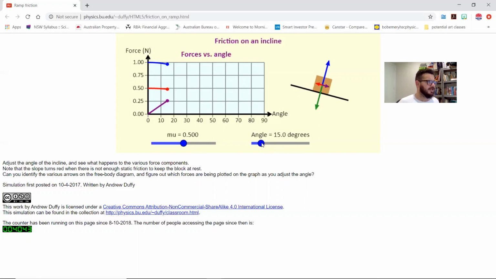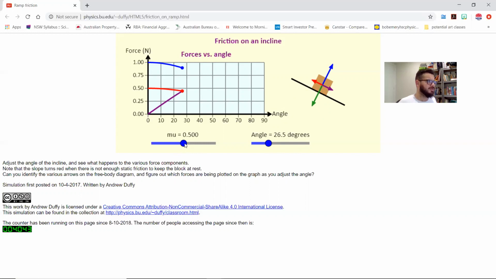So I keep on increasing that angle, and it gets to a point where that purple sine component of the weight force intercepts the friction force. At this particular point, this box is in equilibrium.